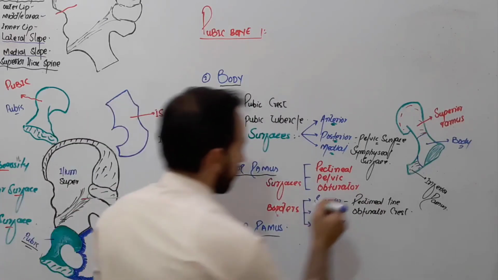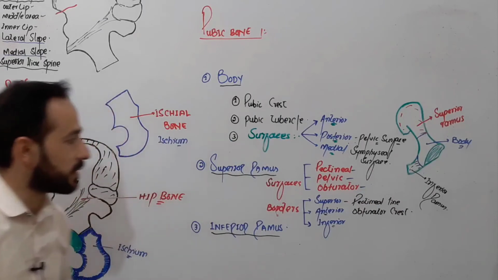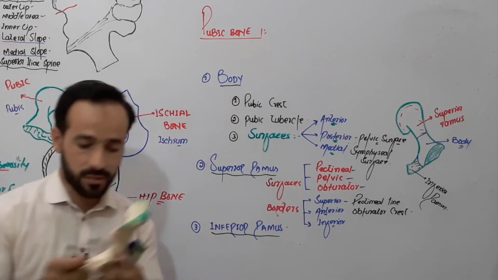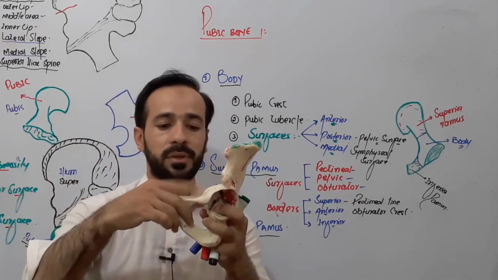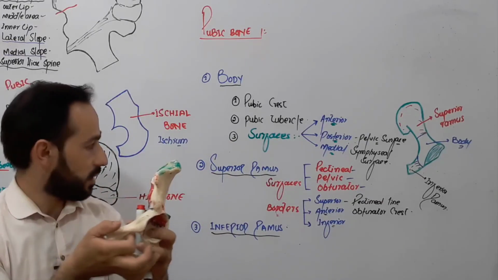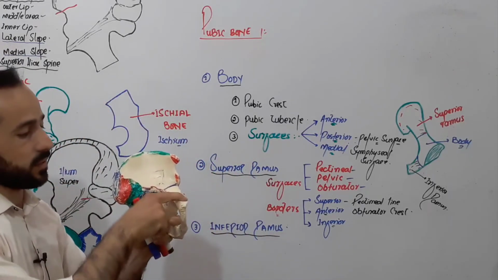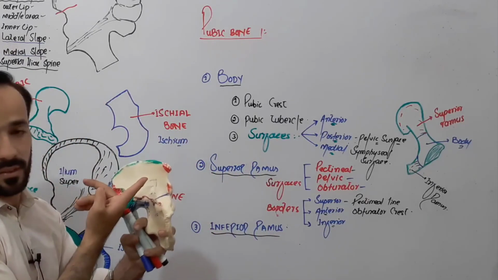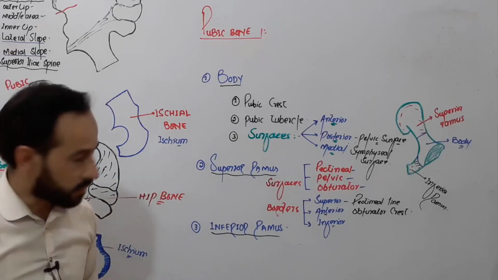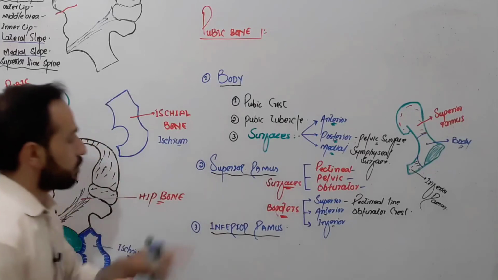So how many surfaces? Pectineal surface, pelvic surface, and obturator surface. Done, friends, done. These were the two important parts of the superior ramus.